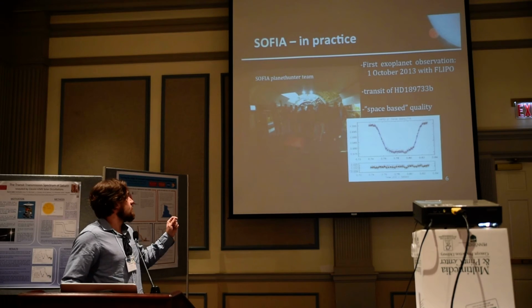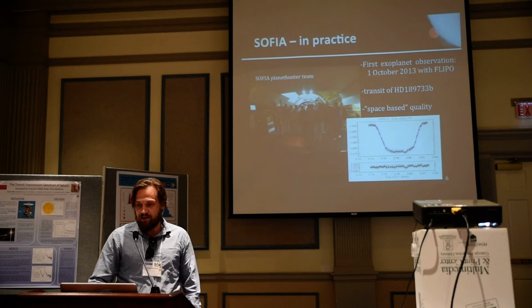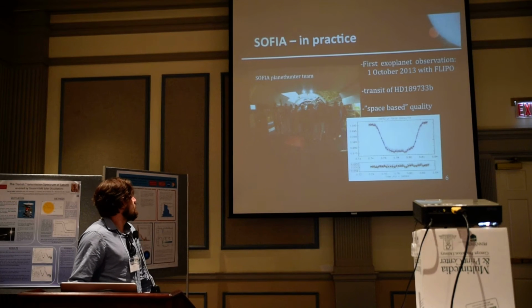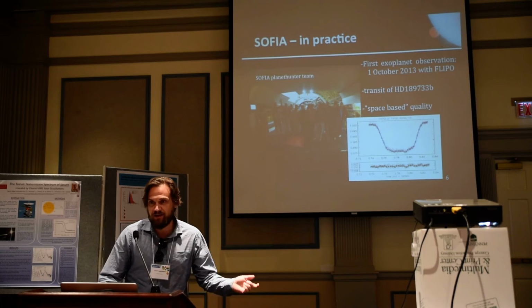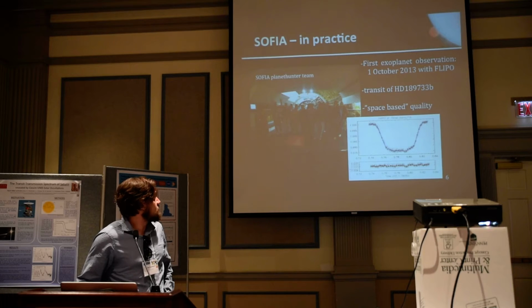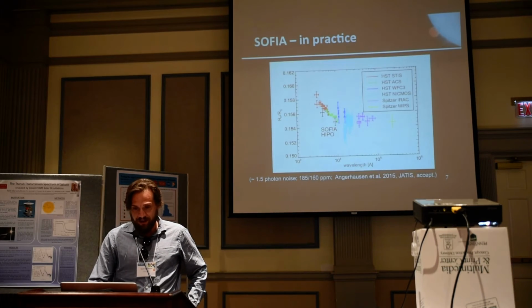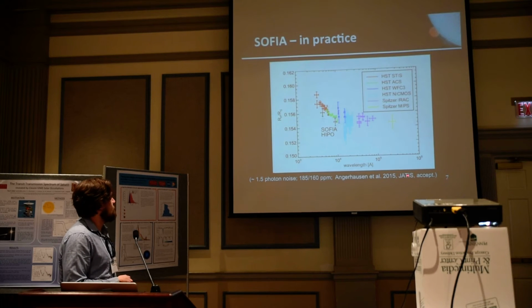So we don't have a comparison star, so this is basically space-based quality because you don't need a comparison star anymore. And all of you people who do transit light curves maybe can appreciate how cool that is, that you don't really have to compare, so especially for bright targets like HD 189, you can take full advantage of that. And this is the result of that observation as it was just accepted.